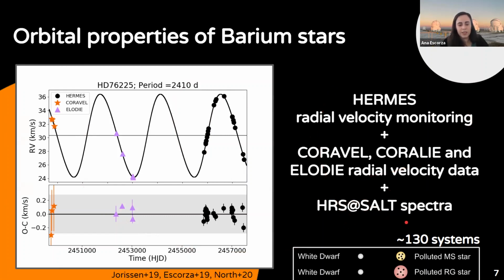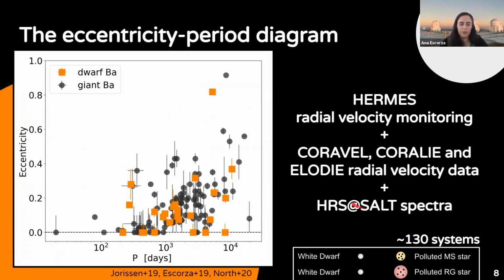And combining all these data, we could fit the orbits of about 130 dwarf and giant Barium stars. Some of them were known before. We have improved the long orbits. We have fit most of the dwarfs, and we have collected this sample to have a full family picture here.